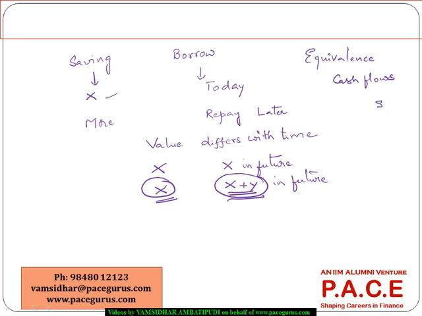If I am getting $1,000 after 2 years, what is the equivalent of it today? Is it $900? Is it $920? Or is it $990? That is what is discussed as part of understanding the time value of money.